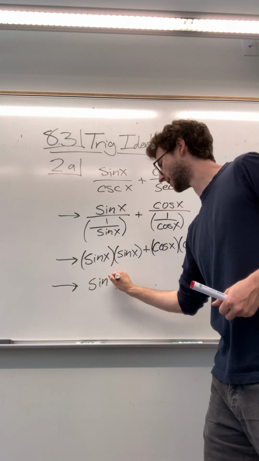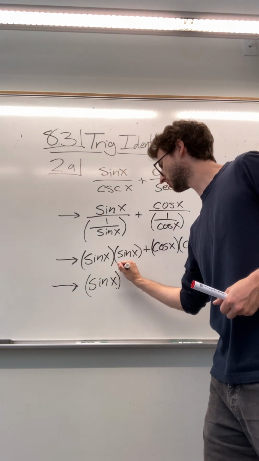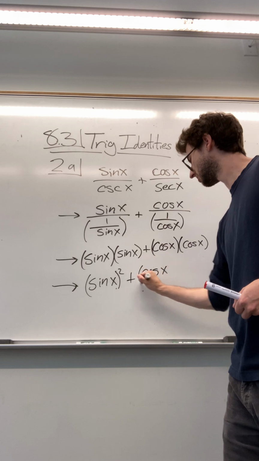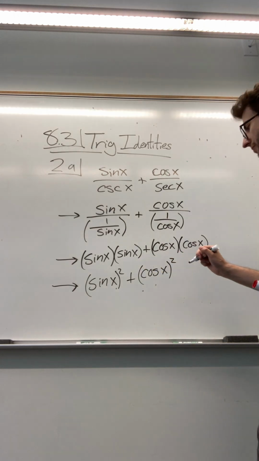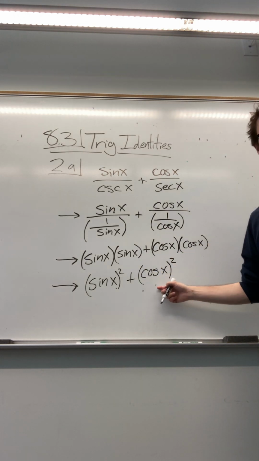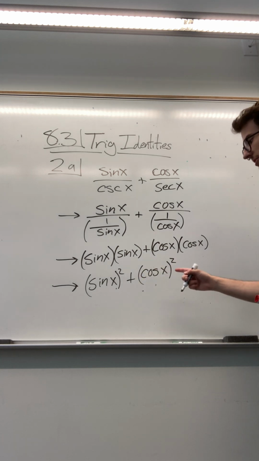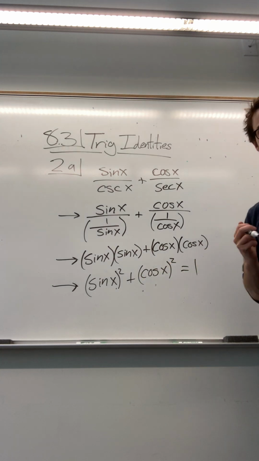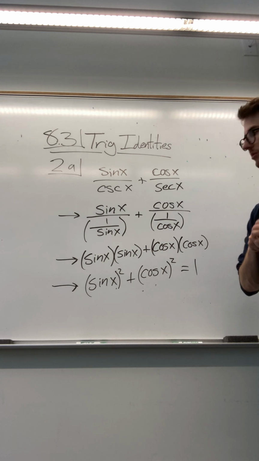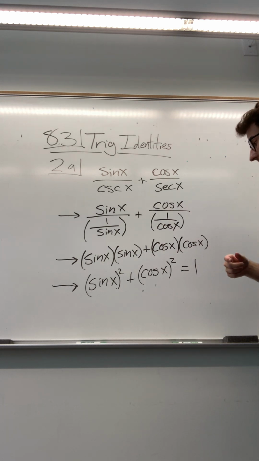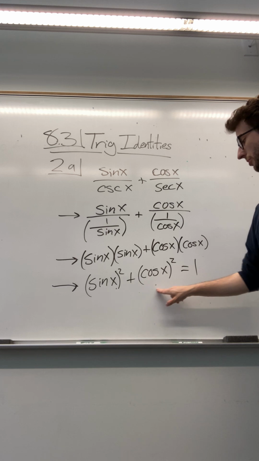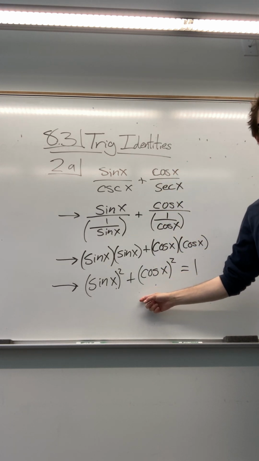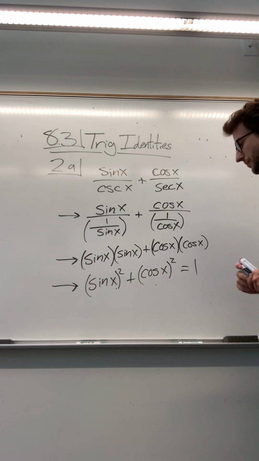So I'm just going to rewrite it as sine of x all squared plus cosine of x all squared. And now we're back to our familiar identity, sine x squared plus cosine x squared. This equals 1. So this thing that we started with is really our classic Pythagorean identity in disguise.